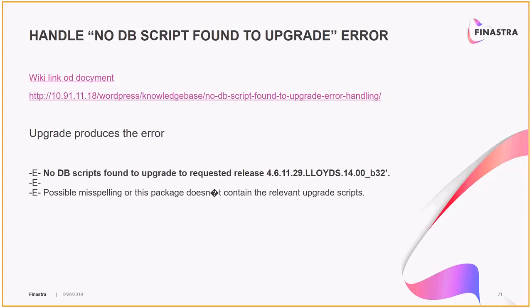For example, for the version we mentioned, 4.6.11.29 Lloyd's 1400 B32, the next build is suppose 33. It always upgrades 32, 33, 34 sequentially.